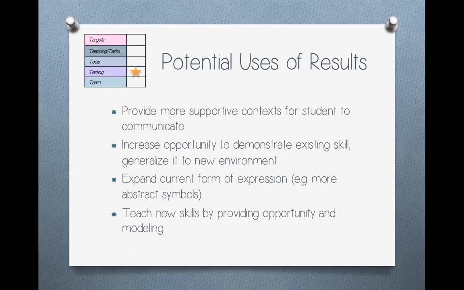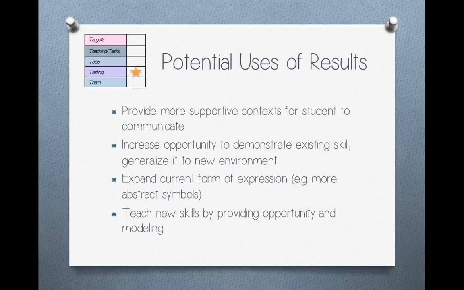We might increase opportunities to demonstrate an existing skill. So maybe we noticed a particular skill once or twice, or in one or two environments. Now we want to broaden that and generalize it to new environments. So they have the skill, it's just not as strong as we would like. Maybe we want to go in a vertical direction, expanding something they're doing in one form to a new form, going from a concrete or action-oriented representation to a symbolic representation, if that's appropriate.